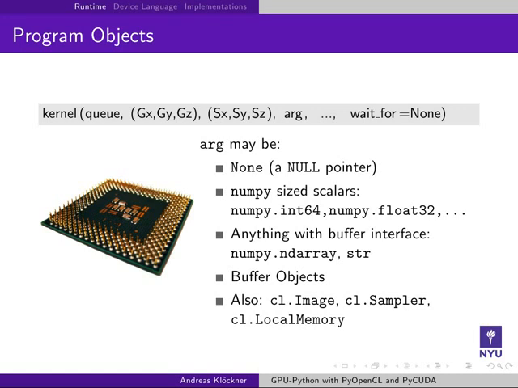Or you can pass anything with a buffer interface, and it will literally be that argument. You can pass these buffer objects that we discussed. Also, there are images. If someone tells you about CUDA textures, then the equivalent here is CL images. There are also samplers and local memory that I'm not going to talk about.